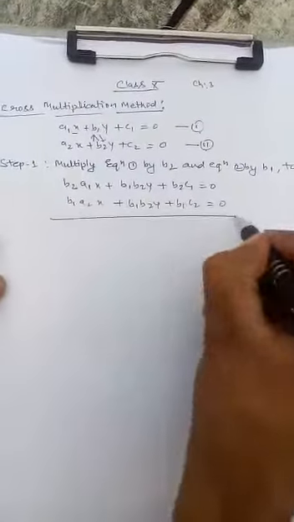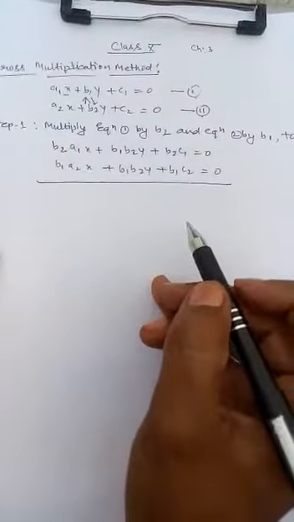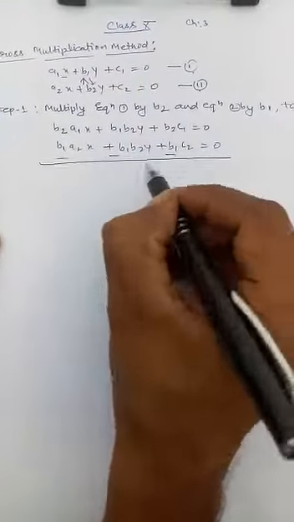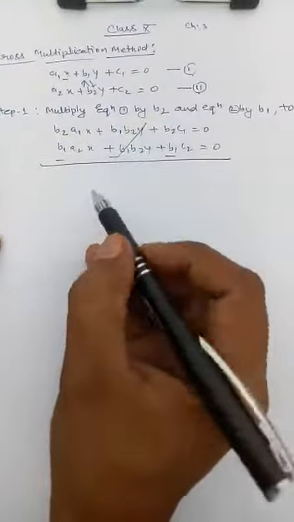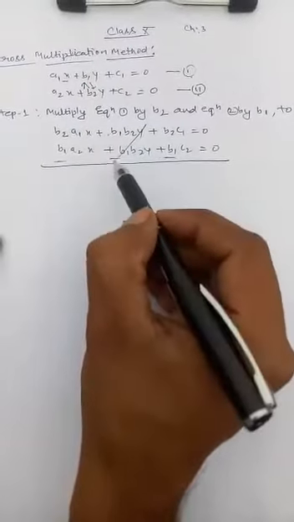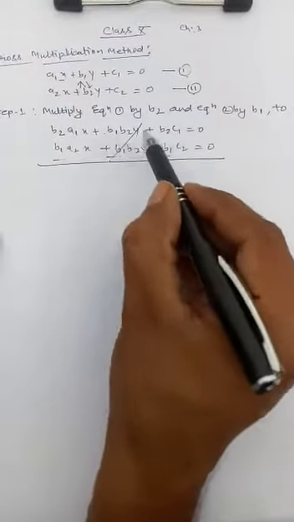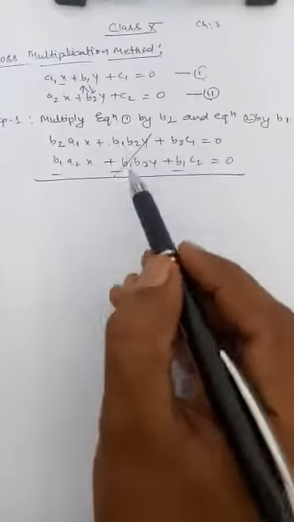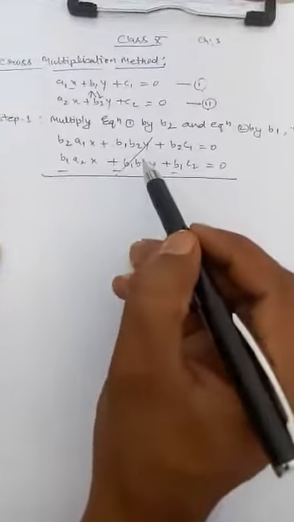Now here we can subtract. While subtracting, b1 b2y and b1 b2y, with the same coefficient and opposite signs, will be cancelled.